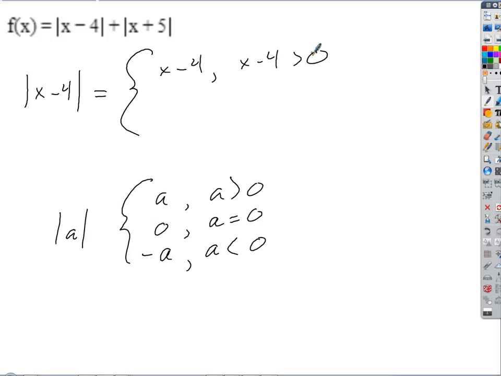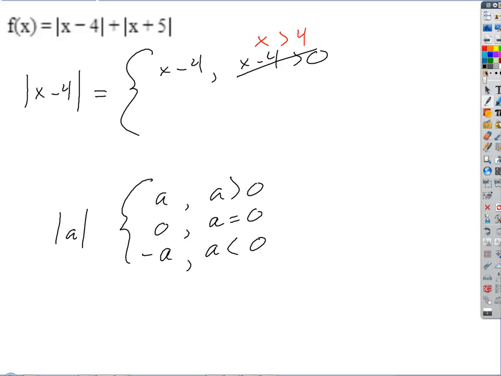Because really, don't we want to solve it for x? We don't want it solved for x minus 4. We want to know the values of x where the absolute value function is unchanged. So what are those going to be then? x is what? x is greater than 4, right? So there's the domain where the absolute value function is unchanged.